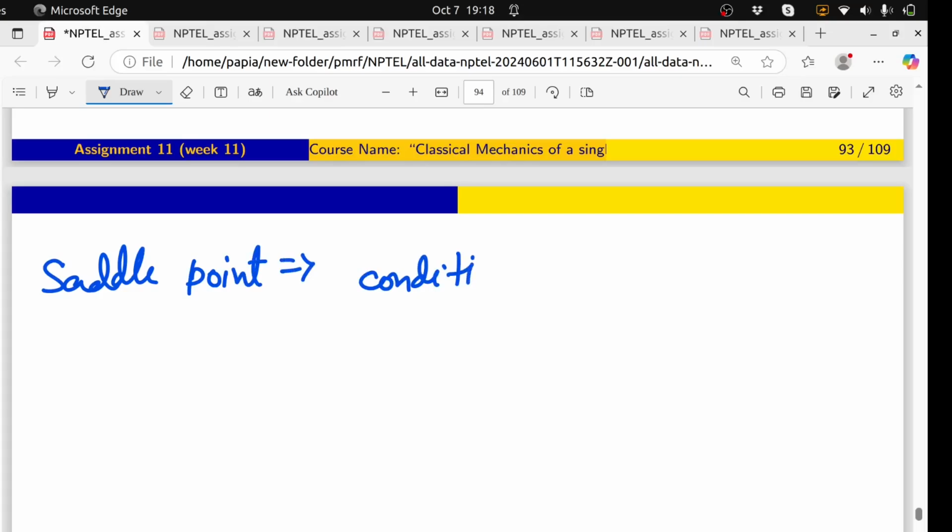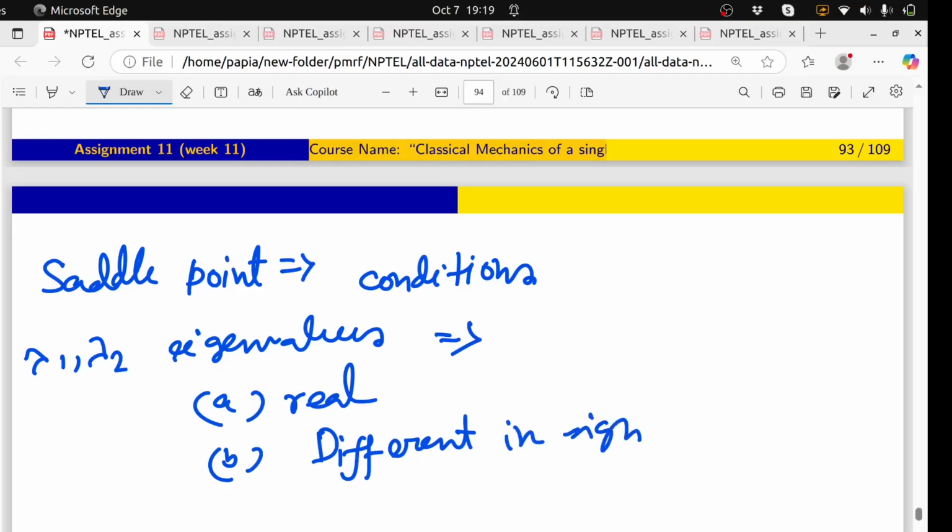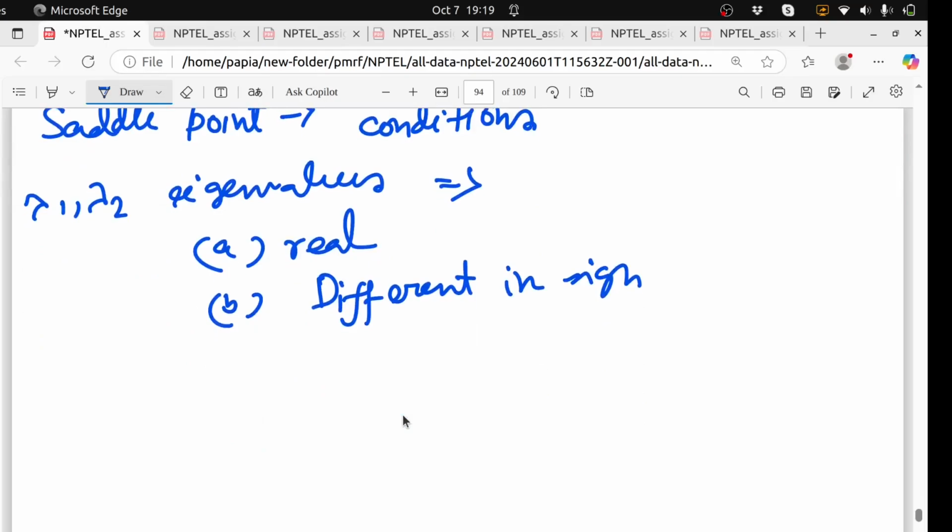Conditions: lambda 1, lambda 2 eigenvalues should be real and different in sign. These two conditions are there for a saddle point.